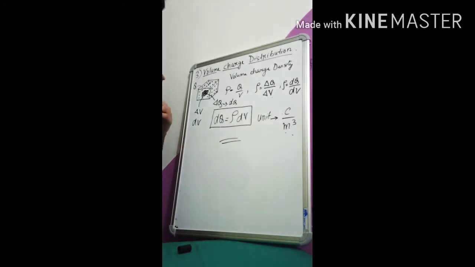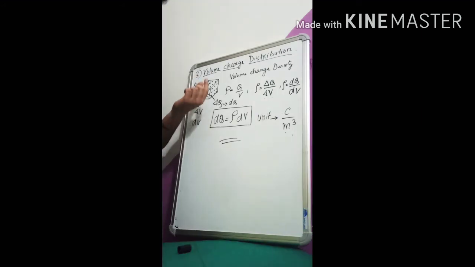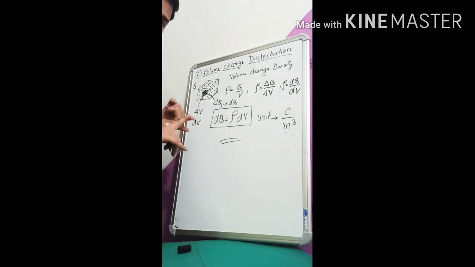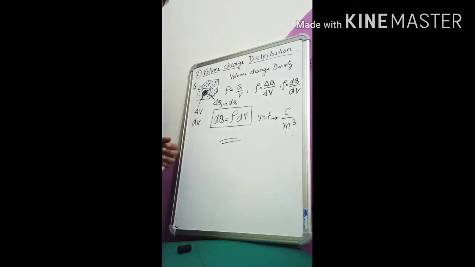If we have to determine the charge present on any conductor, we can easily study the distribution using these three rules. The first was the linear charge distribution, the second was the surface charge distribution, and the third is the volume charge distribution.